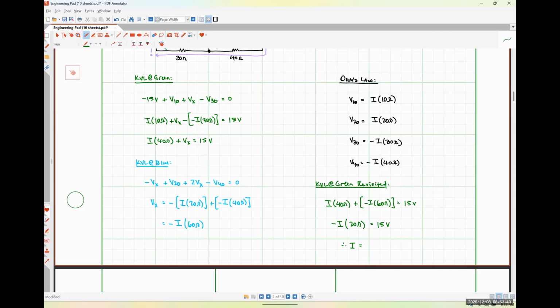From this, I is 15 volts over 20 ohms with a minus sign. So that is negative 3/4 of an amp.